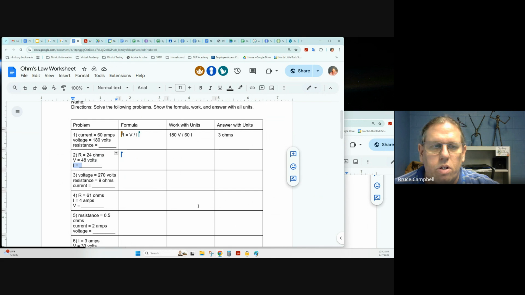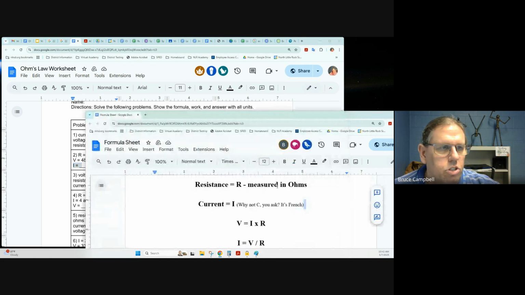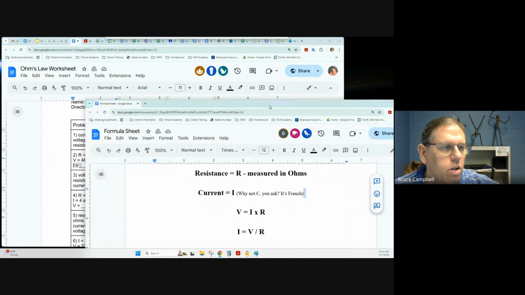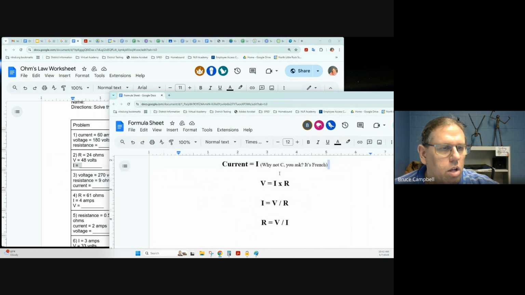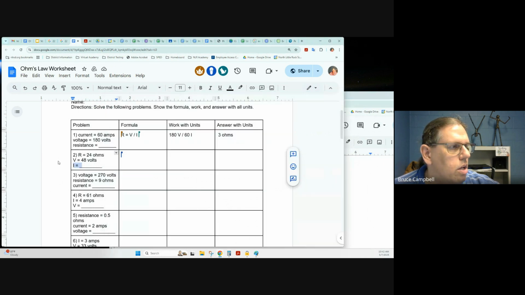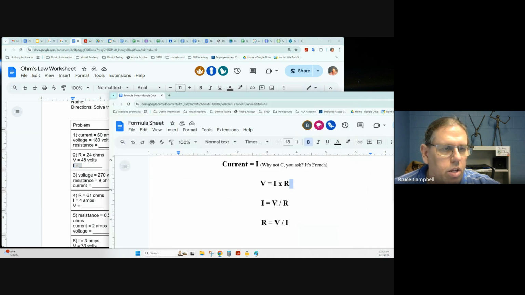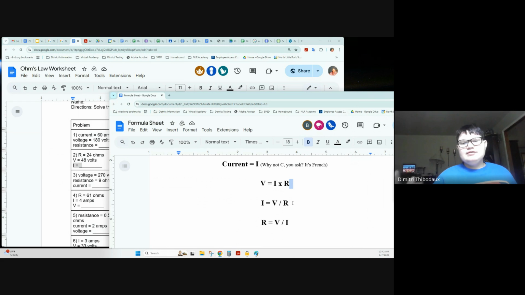If we're looking at our formula sheet, they give us volts, they give us resistance. It's volts divided by resistance, right?